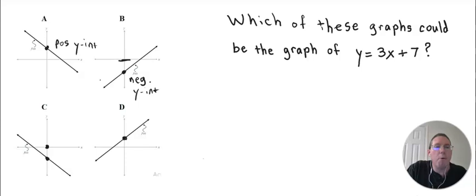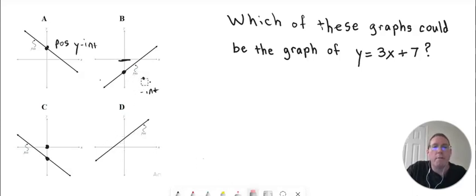If this is the point 0, 0, this one crosses over above 0, and this one crosses over the y-axis below 0, and therefore the y-intercept is negative here, and positive here, okay? So now that we know that, this is going to make it really easy to answer these questions.